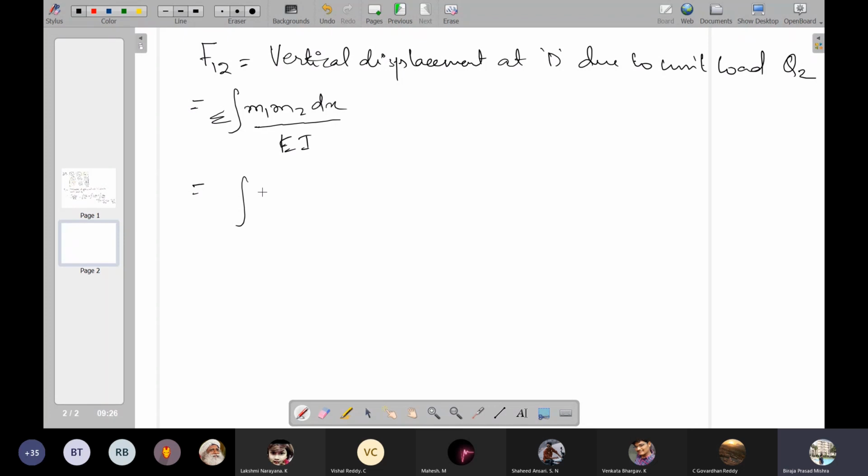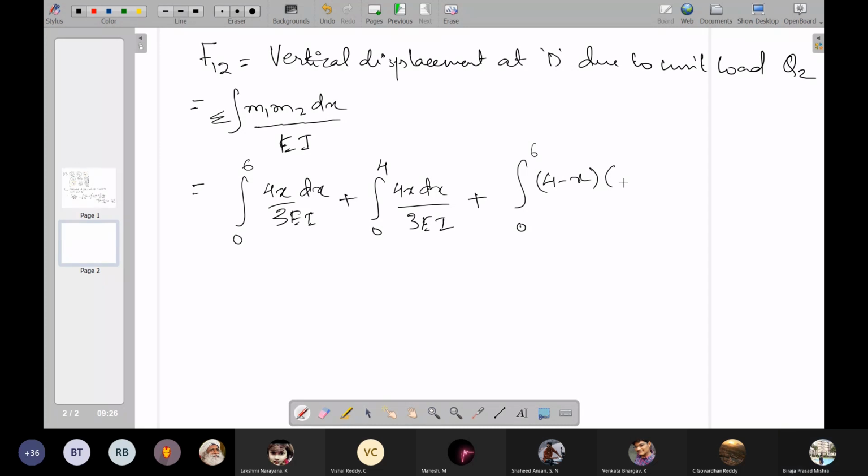Okay, so it is integration 0 to 6, 4x into dx by 3EI, then plus, all of you please check whether I am writing it correct or not, integration 4x dx divided by 3EI, then plus integration 0 to 6, 4 minus x into minus 10 into dx divided by 2EI.